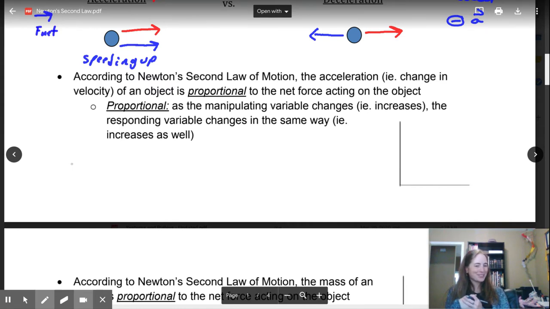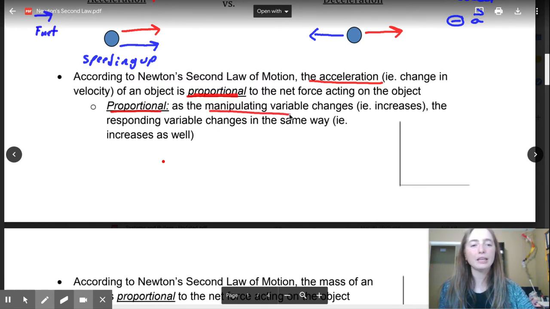Sounds good? The acceleration, or change in velocity, is proportional to the net force. Now, the formal mathematical definition of proportional is when the manipulated variable increases or changes, the responding variable changes the same way.